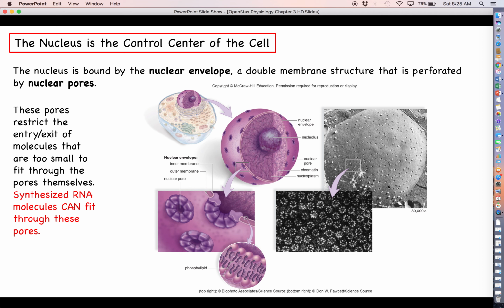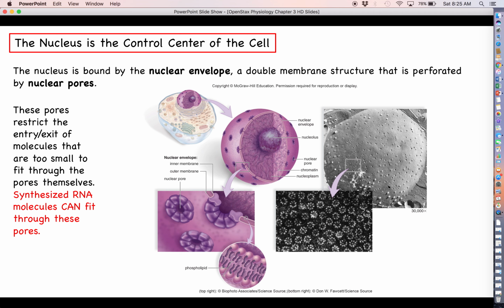Anything can get into and out of the nucleus, provided it's small enough to make it through those nuclear pores. A lot of proteins are too big to make it through the nuclear pore. So once you have a protein in the cytoplasm, it's probably not going to go into the nucleus, unless it is a relatively small protein.